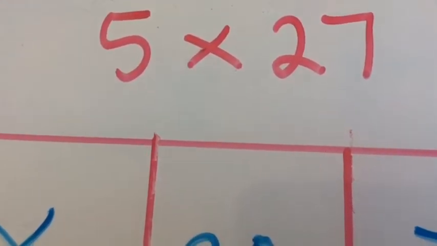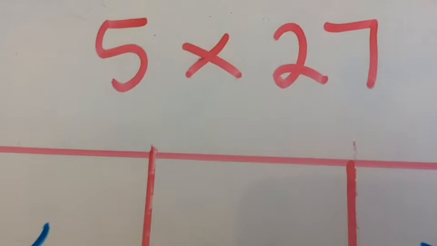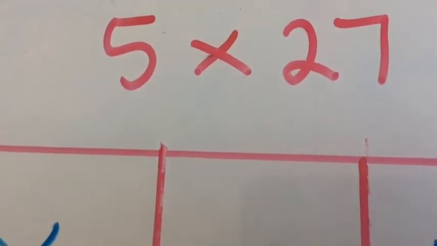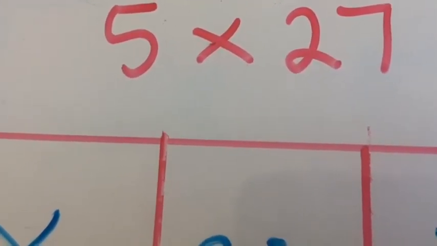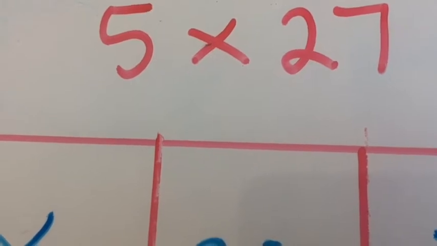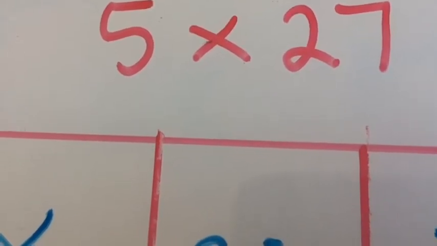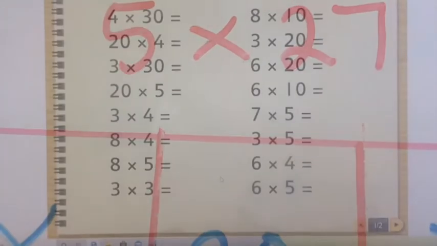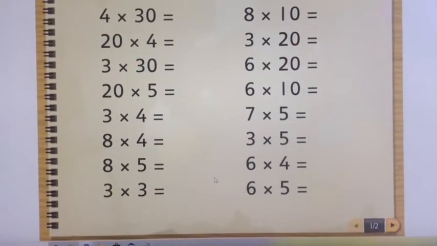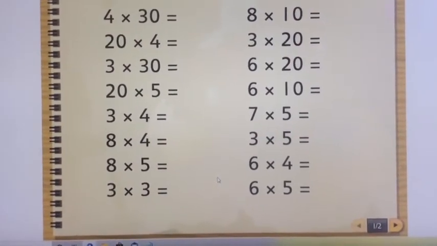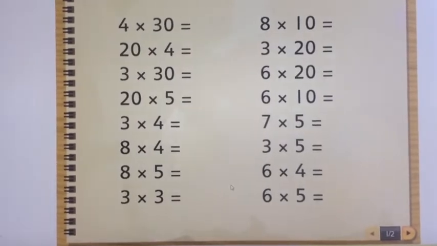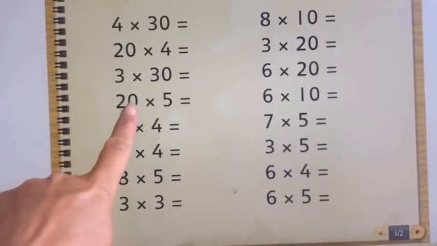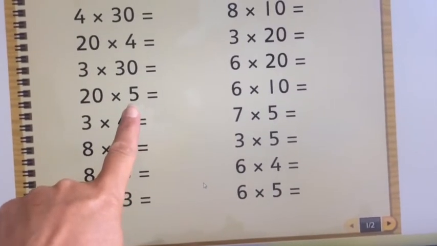Now let's get really clever. If you wanted to do this, some of the facts you just worked out should be able to help you. Which facts would help you work out 5 times 27 on the screen? What can you see there that would help? Well, you've got your 20 times 5.